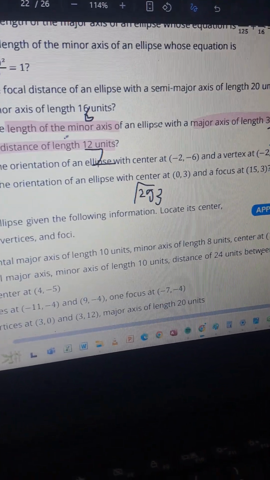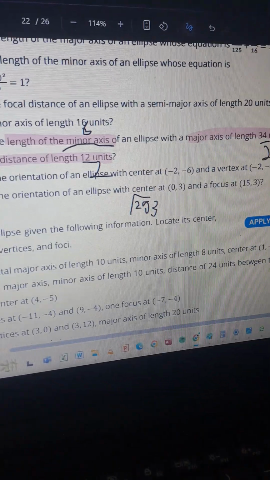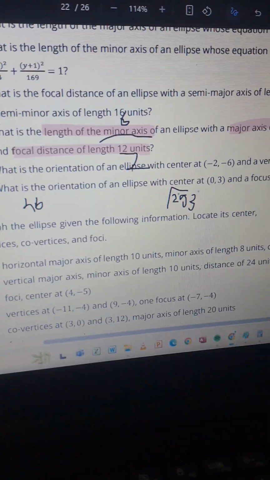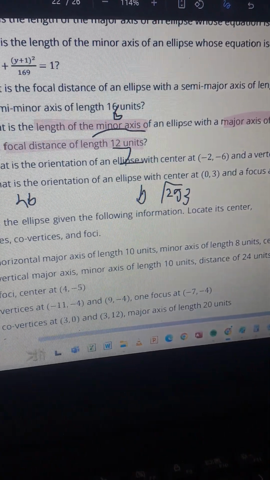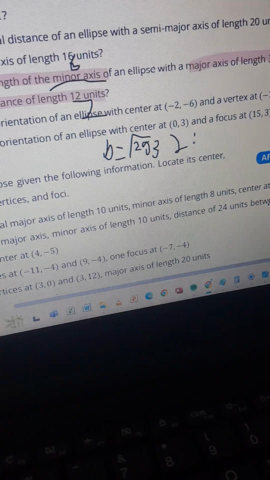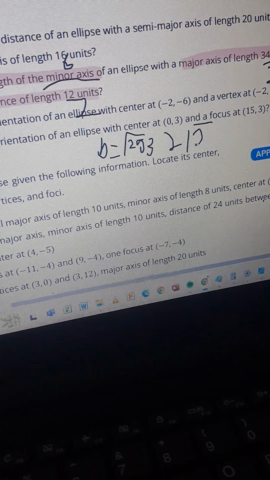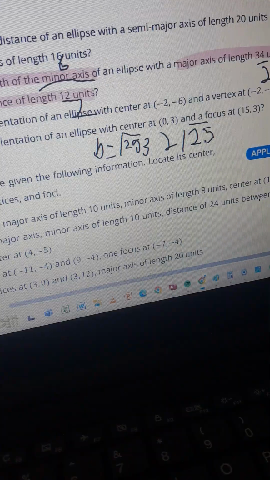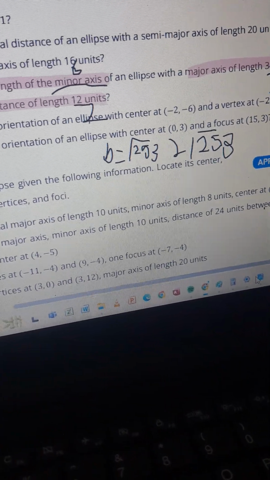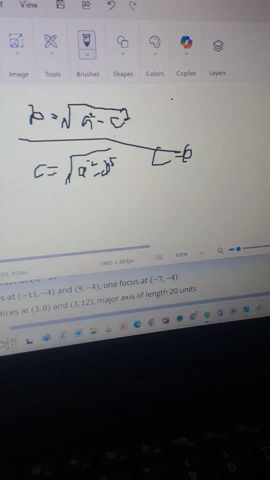So, if we remember right, the length of the minor axis is solved using 2B. So, given that the square root of 253 is our B, all you gotta do is write 2 square root of 253. That's your answer, right? So, let's just write it properly here.